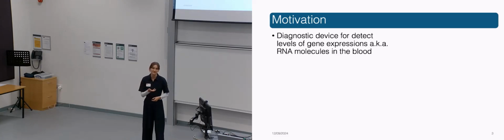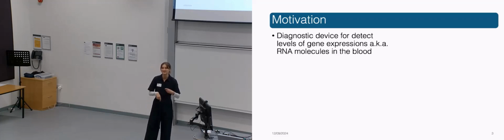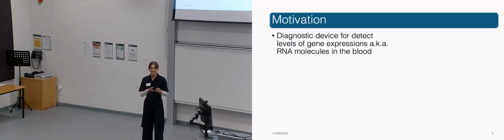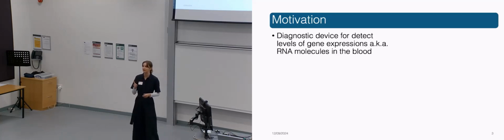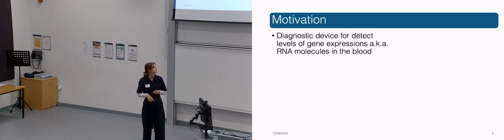When you get infected with a disease, your body responds to the disease, and you'll have different genes which will be up and down regulated compared to a normal person. We want to detect multiple of these, and it's been proven that for certain diseases, there are certain signatures you get. So we want to detect multiple gene expressions all in one diagnostic, which is going to tell you if you have the disease or not.